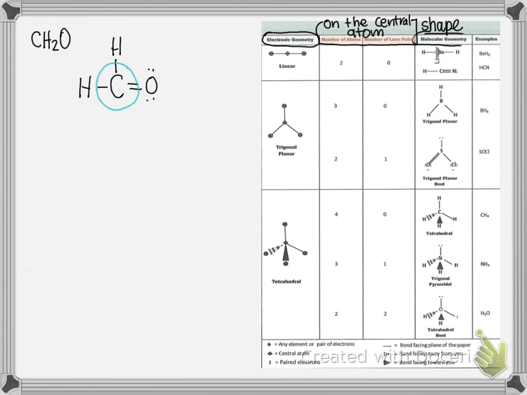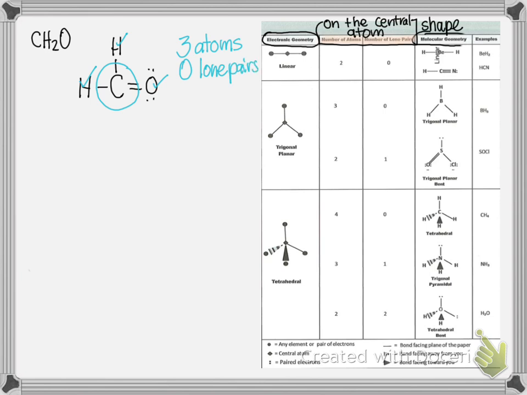That's what we're looking at. And we first say how many atoms are bonded to it. And I see 1, 2, 3. And how many lone pairs are on the central atom? So carbon has no lone pairs on it. And that's what will determine the shape. So there's 0 lone pairs.